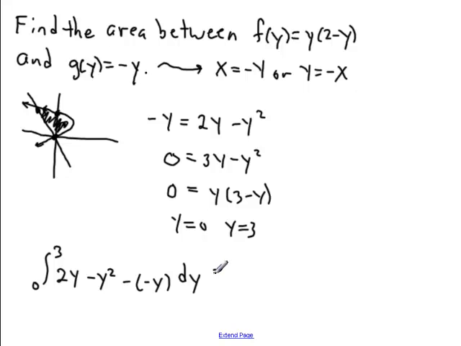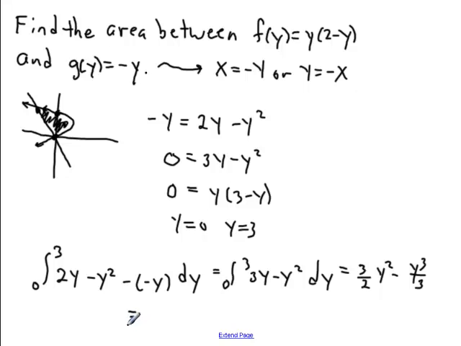So this gives us the integral from 0 to 3 of 3y minus y squared dy, equal to 3/2 y squared minus y cubed over 3.